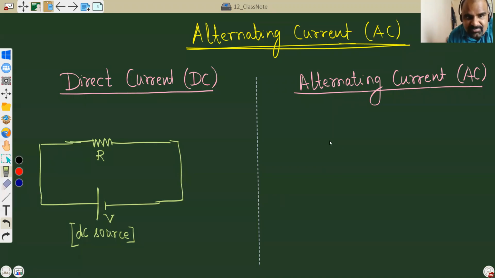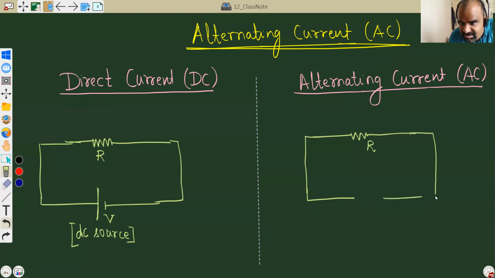In AC, what happens is that we have the same resistor, and here an AC source is connected. Now AC source is very different from DC source. This is the symbol of AC source.